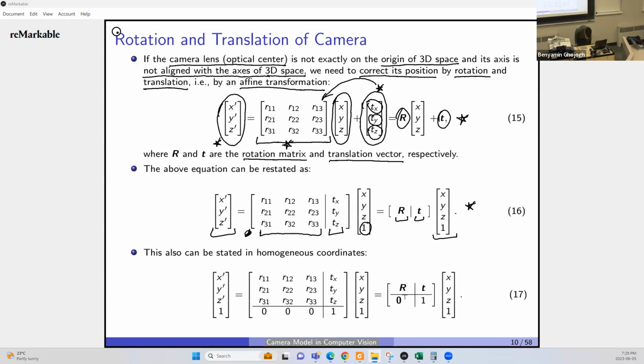Okay. This also can be stated in homogeneous coordinates. How? Although this vector is in the homogeneous coordinate system, I can make this matrix also homogeneous, and the left-hand side vector also homogeneous. So this was already homogeneous. I'm not doing anything to it. But I want this left-hand side to be homogeneous too. So I add a fake dimensionality 1 at the end, x prime, y prime, z prime, 1.